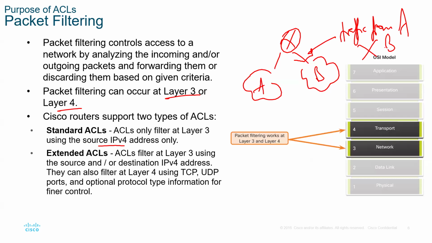We have extended ACLs, which filter at both layer 3 and layer 4. This one is extended, as its name speaks to. So it checks the IP addresses, the source and the destination.